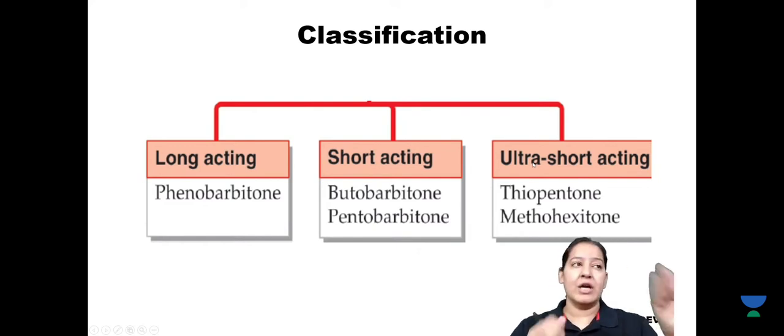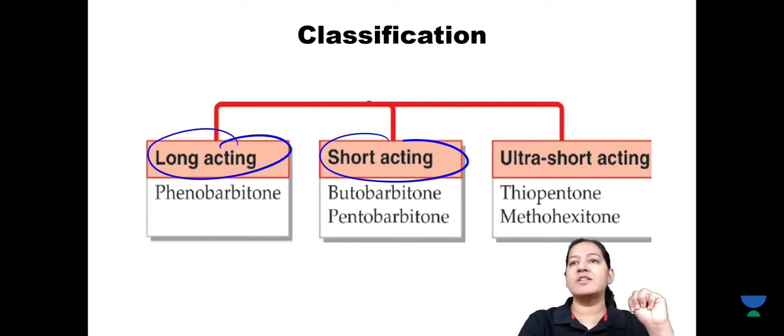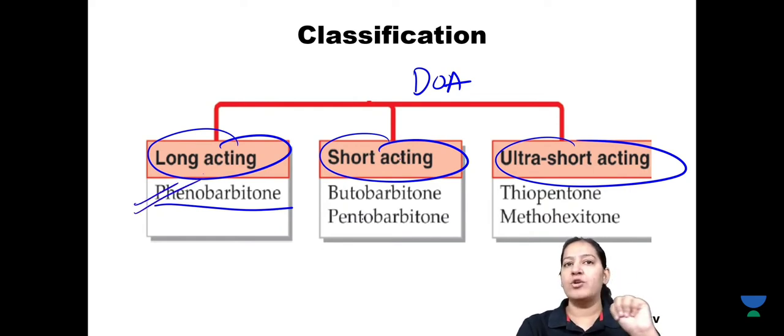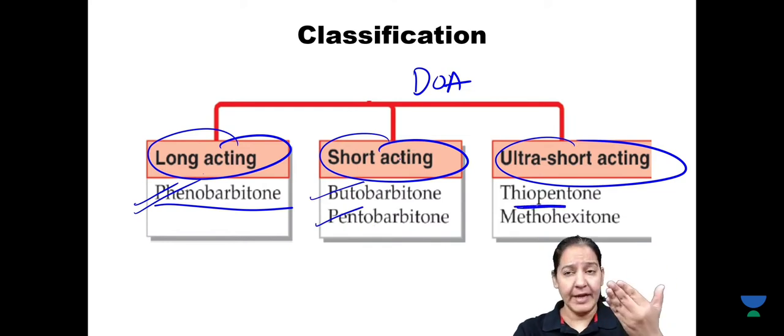Classification. These are of three types based on their duration of action: long acting, short acting, and ultra short acting. Long acting is only one: phenobarbital. Short acting are two: butobarbital and pentobarbital. Ultra short acting are thiopentone and methohexitone.